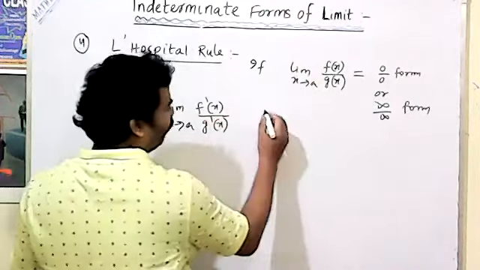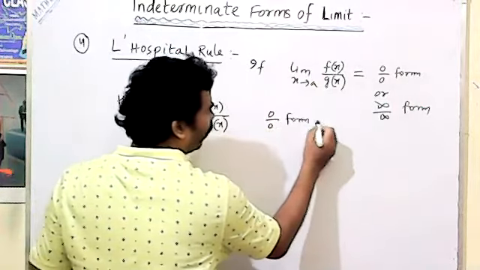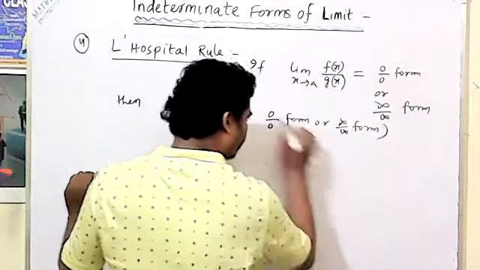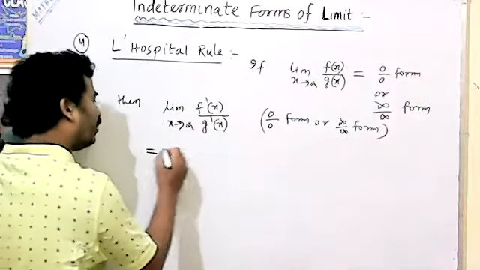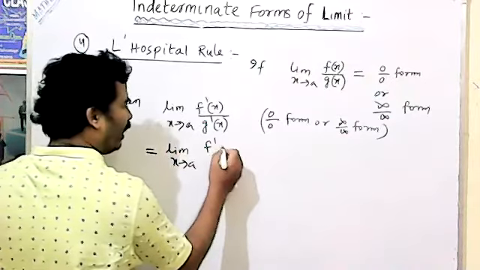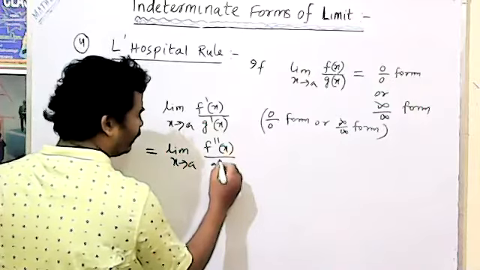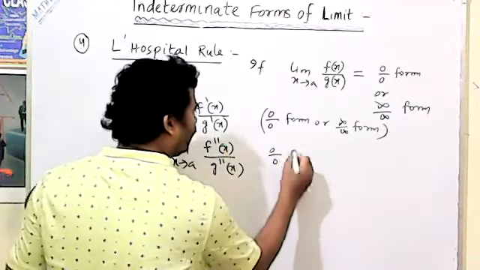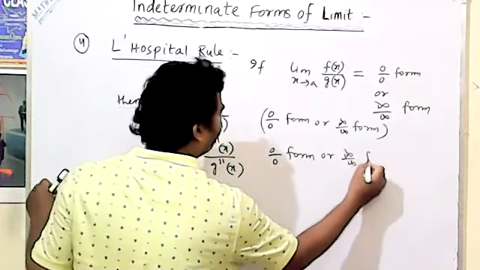After that, you check whether it is a 0 by 0 form or infinity by infinity form or not. If it is, then again we have to follow the same process, which means f double dash x divided by g double dash x. Similarly, you check whether it is a 0 by 0 form or infinity by infinity form.